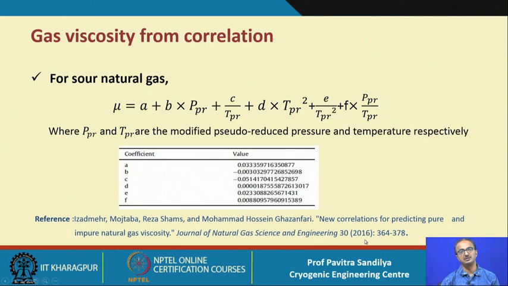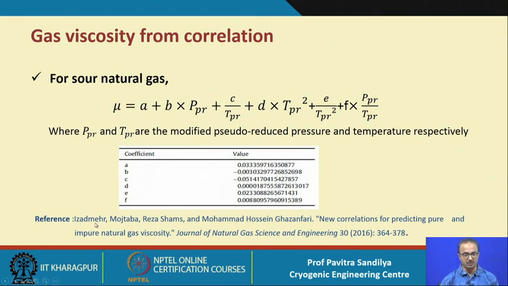This correlation has been proposed for both sour natural gas and sweet natural gas. When I say sour natural gas, it means natural gas that contains acid gases like carbon dioxide and H2S, whereas sweet natural gas is one which does not contain these acid gases.